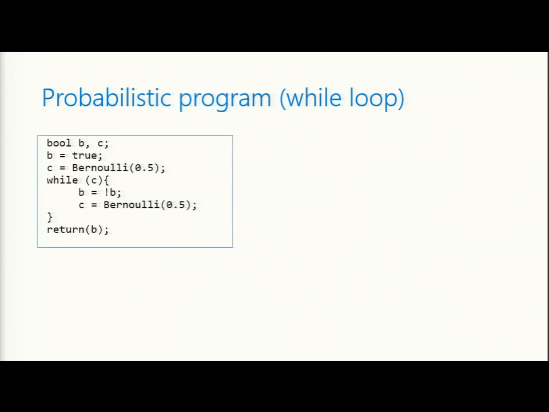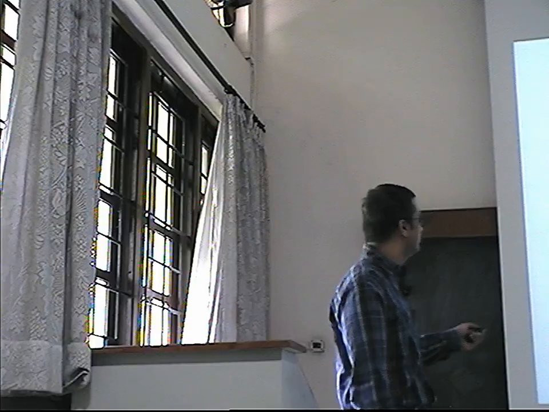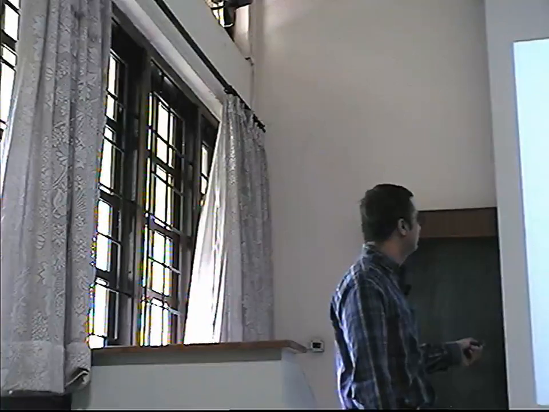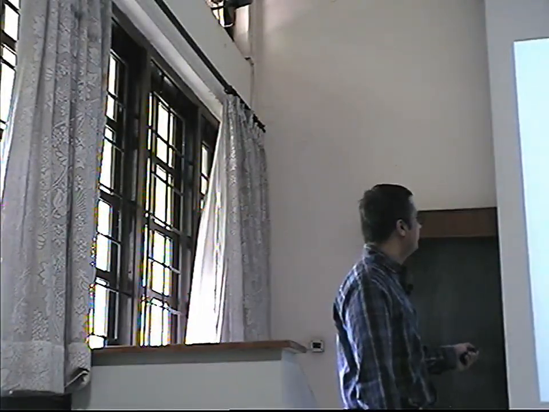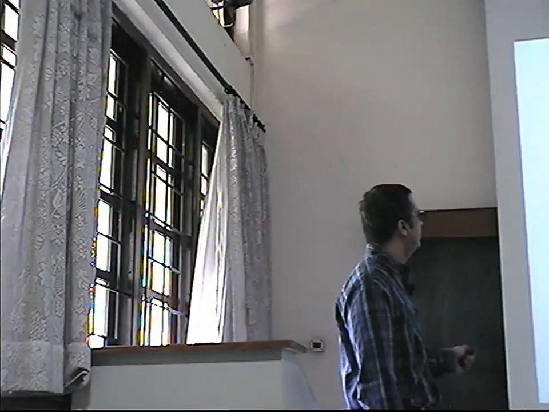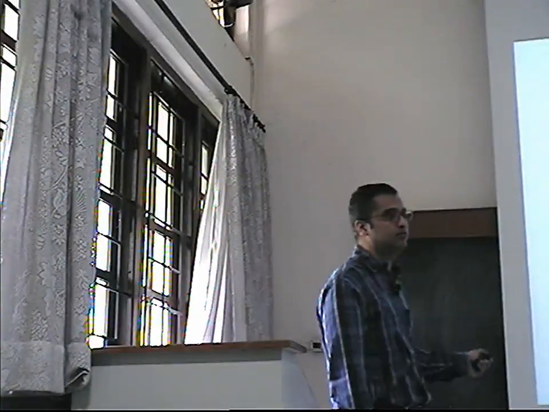What is the probability that B equals false? Does anyone know the answer to this? Have you seen this distribution? What's the connection between B equals true and the number of iterations of the while loop?